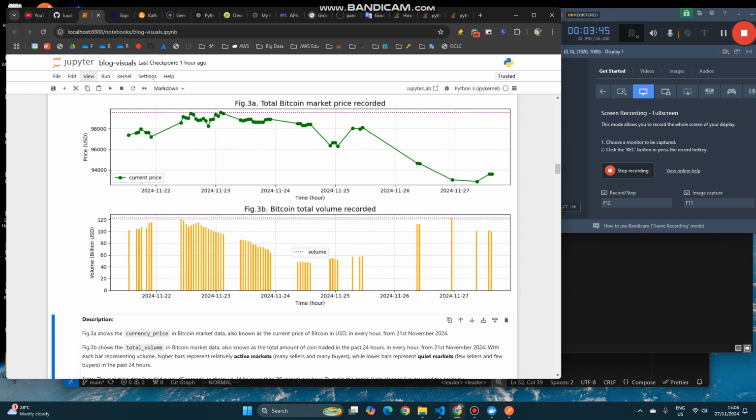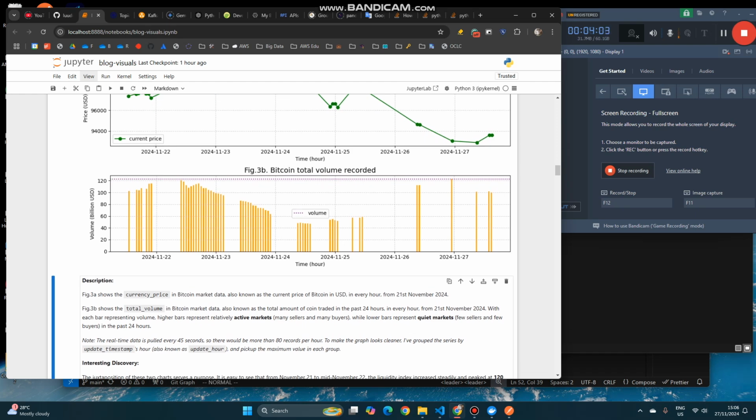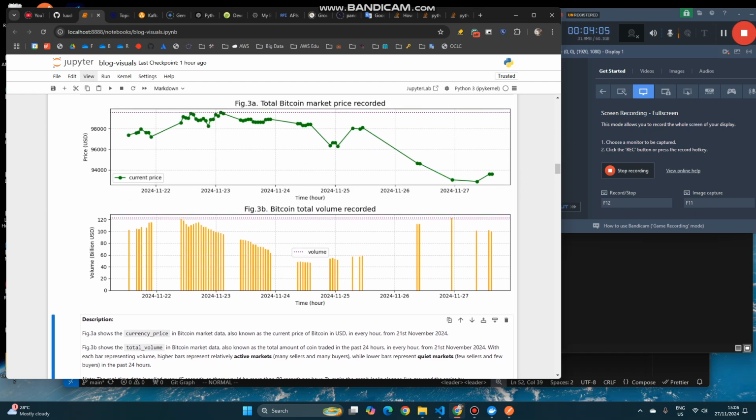We get the data every hour from 21st November. And the second one, in the same time frame, visualizes the total volume in the past 24 hours of the Bitcoin at specific times.